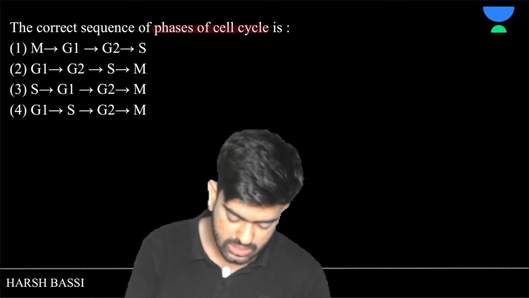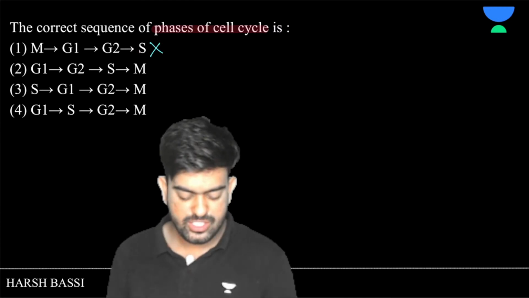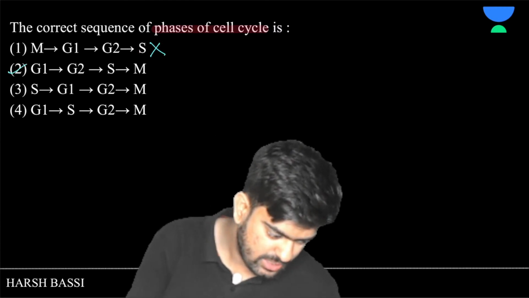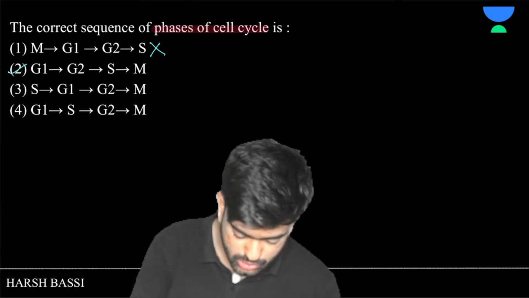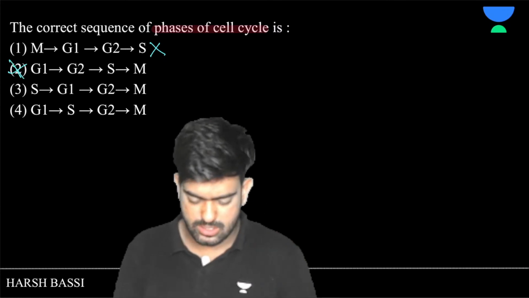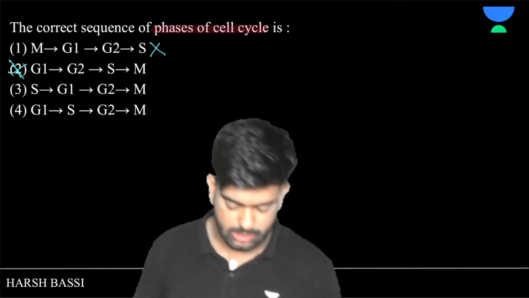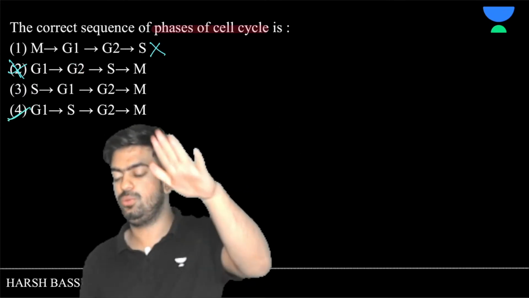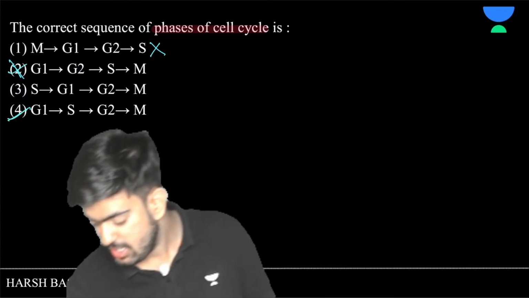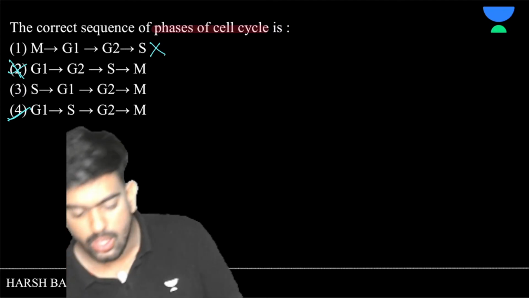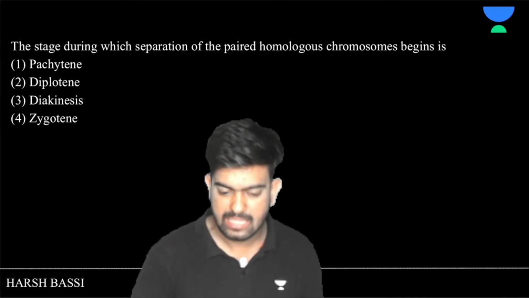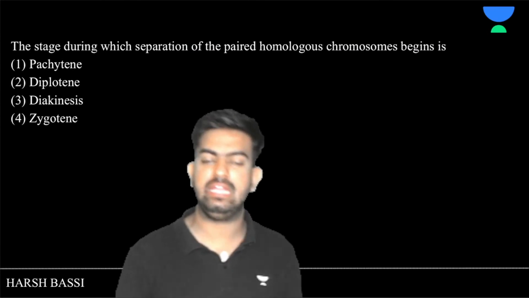No, this is wrong. G1, G2, S, M? This is also wrong. The correct option is G1, S, G2, M. Clear? Great. Now let's move on with the next question.